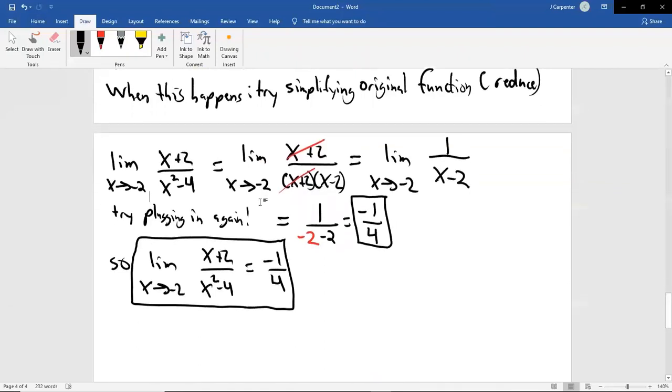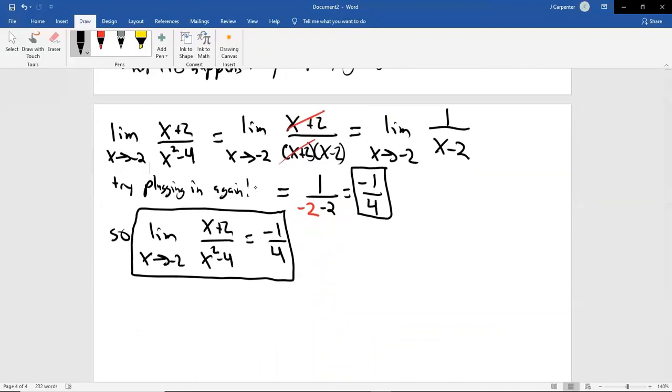So let's do a couple more of these. How are we on time? 12:03. B. The limit as x approaches 6 for x squared minus 12x plus 36 over x squared minus 36.